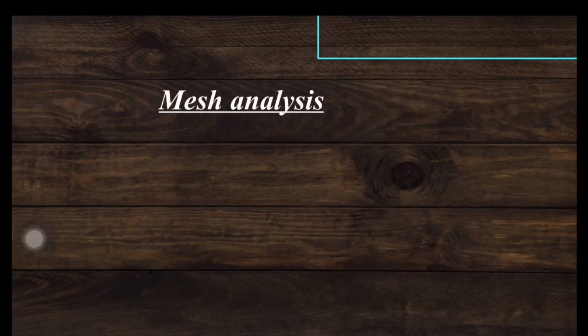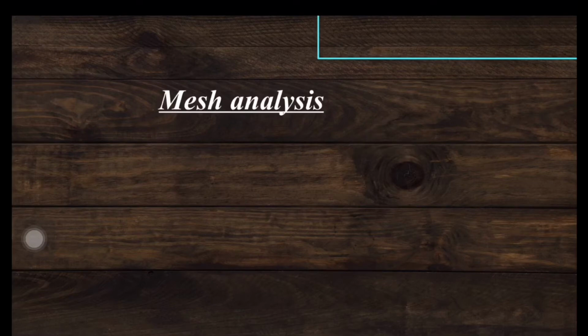If a network has a large number of voltage sources, then it is better to use mesh analysis. On the other hand, nodal analysis is preferable for a network with a large number of current sources. In this session, we will be focusing only on mesh analysis. I'll definitely do another video on nodal analysis.